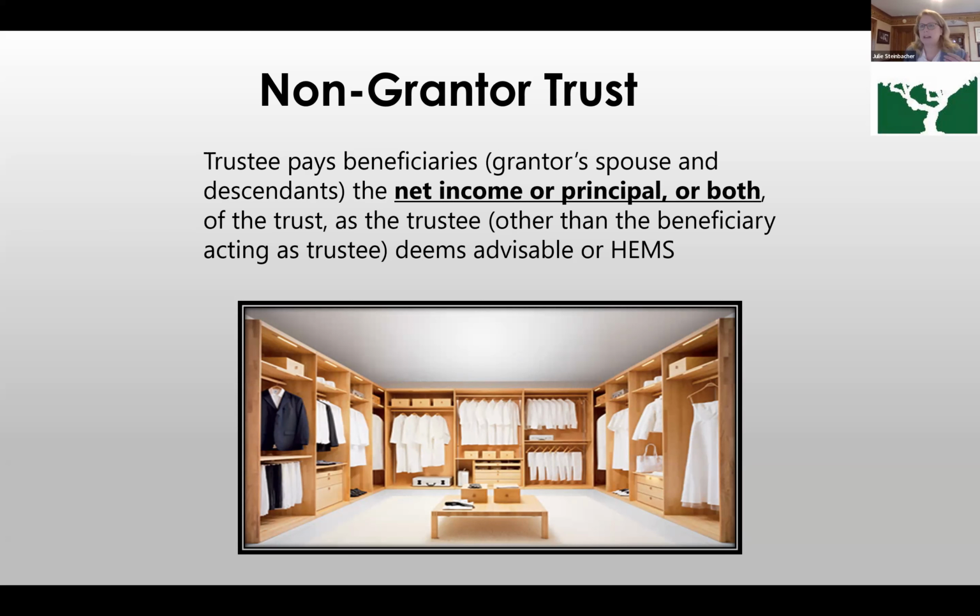I can give this to another person, my spouse, and she can have access to it for health, education, maintenance, and support. That is an ascertainable standard, and for those reasons, it's a non-grantor trust, and it's not going to be included back in that person's estate.